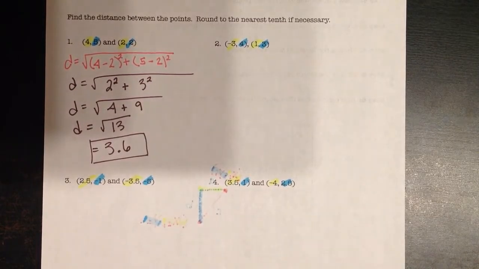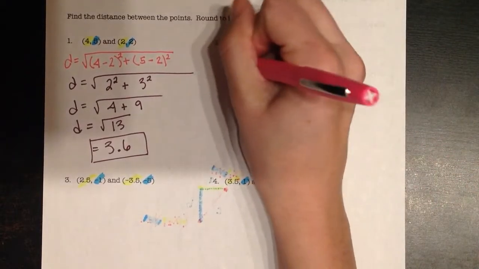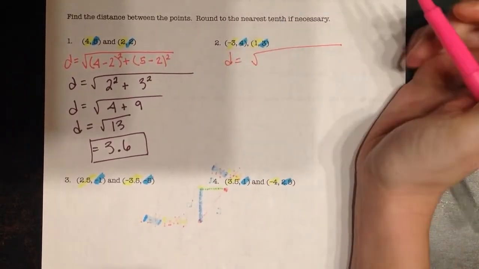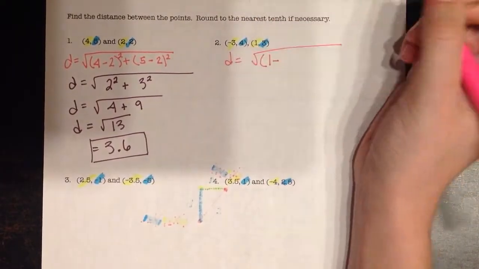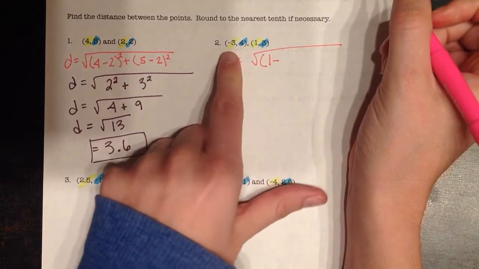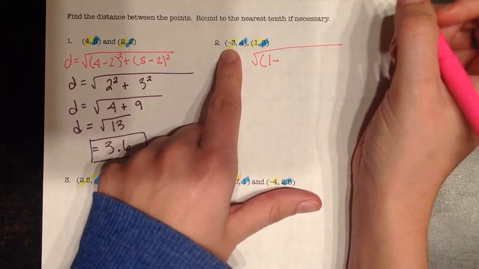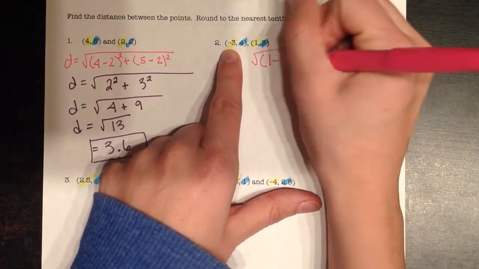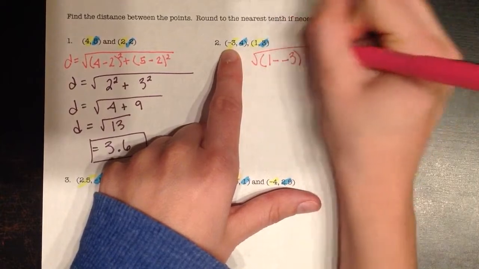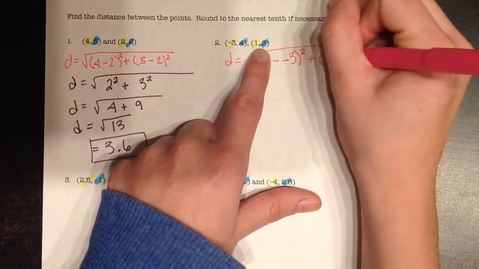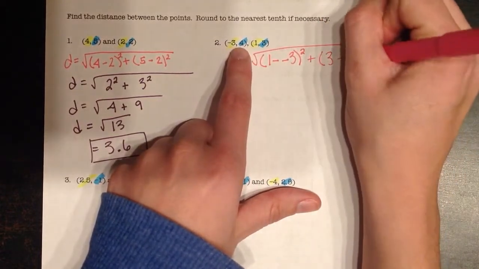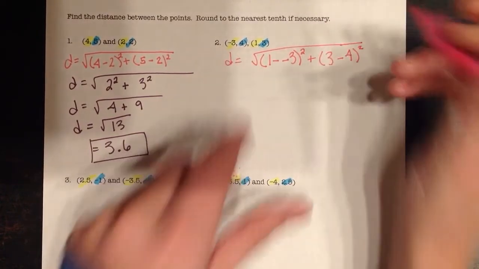Let's try it again here. So we're plugging into our formula. Let's say I start with this x value first. 1 minus. Now be careful with the negatives. That's where people will start messing up. I'm not subtracting 3, I'm subtracting negative 3 squared plus our y value, 3 minus 4 squared.